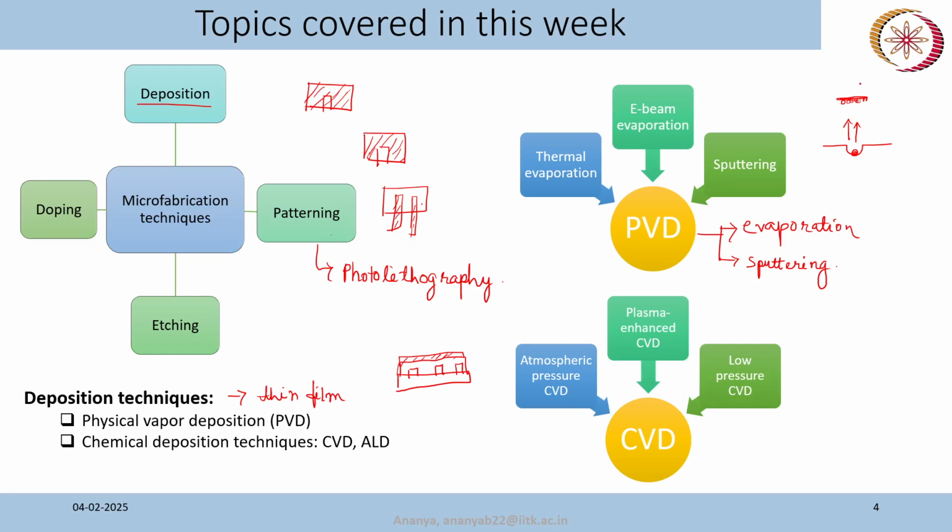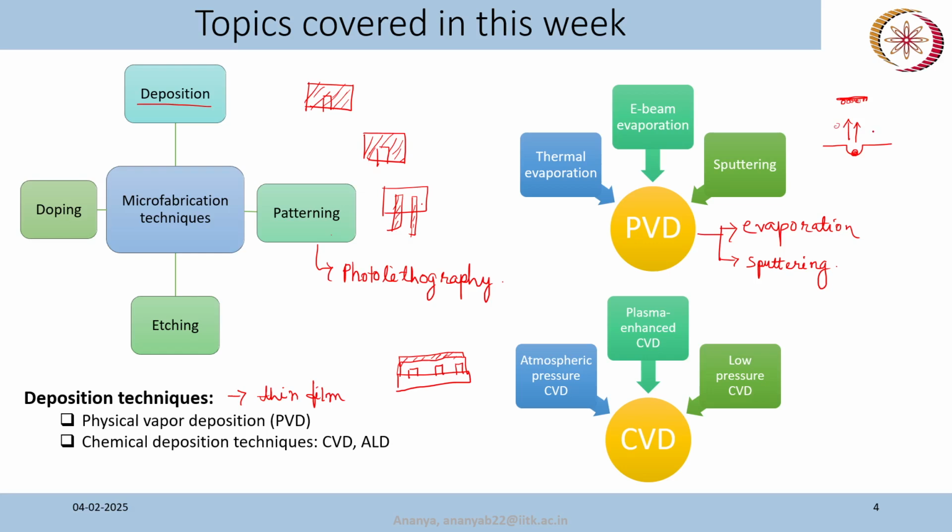Normally, all these techniques you perform inside a vacuum chamber, because you don't want any contamination to happen on your film. Also, you can see that these atoms that were evaporated should directly go and sit on the substrate. So you don't want any collision.